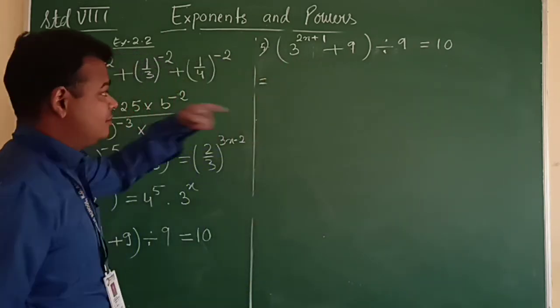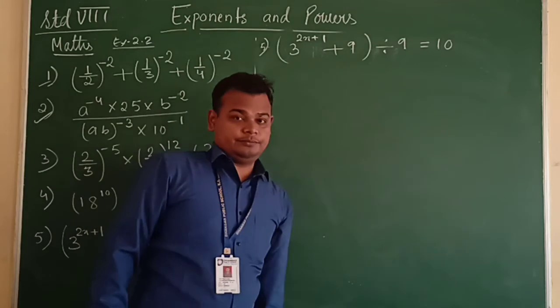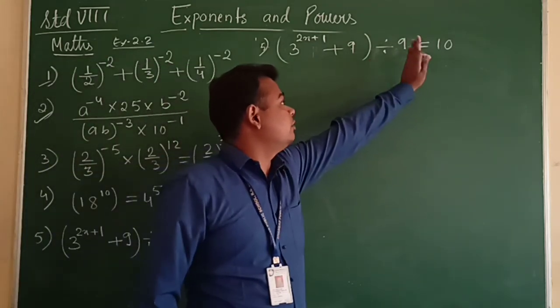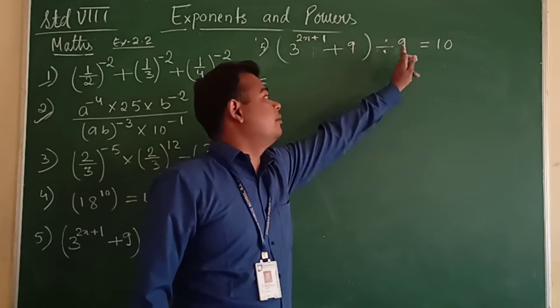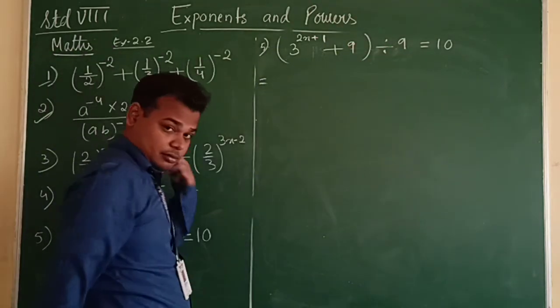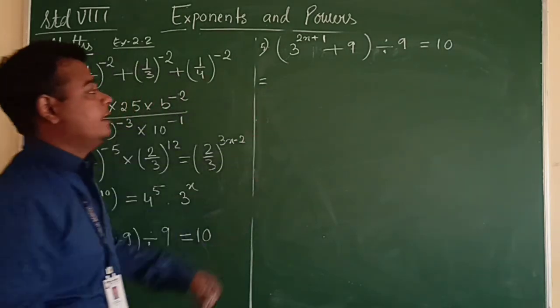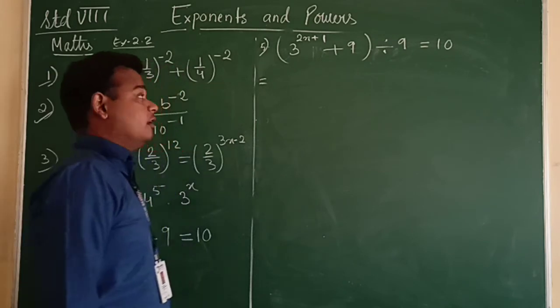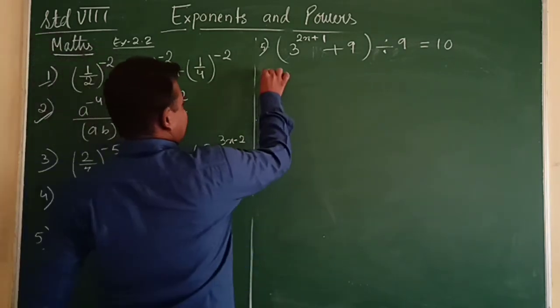First of all, this divided by 9. Now this is on the left-hand side and it is in the form of division. So we will shift it towards the right-hand side. Since on the left-hand side it is in the form of division, on the right-hand side it will be in the form of multiplication.